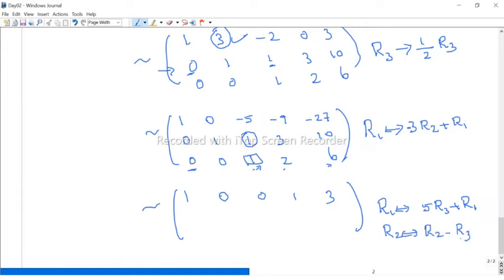Then 0, and this 1 minus 1 is 0. Here 3 minus 2 is 1, and this 10 minus 6 is 4. Now we can keep the last row.